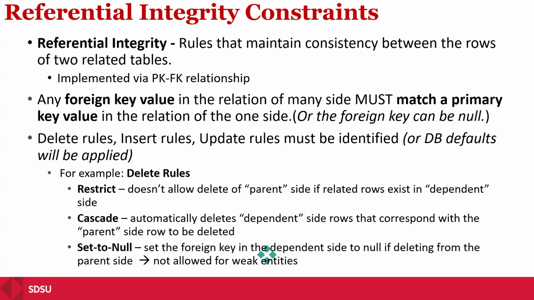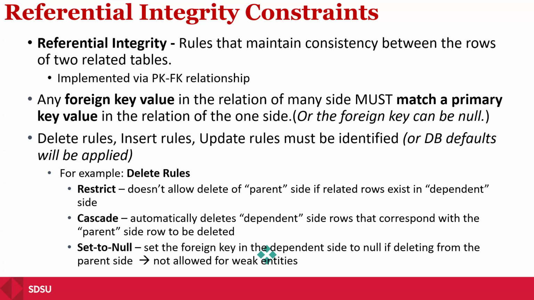This is much easier to understand when we look at the entity relationship model. So remember how we have a one-to-many relationship, for example, between student and course. One student can take many courses. So many is on the course side, one is on the student side.